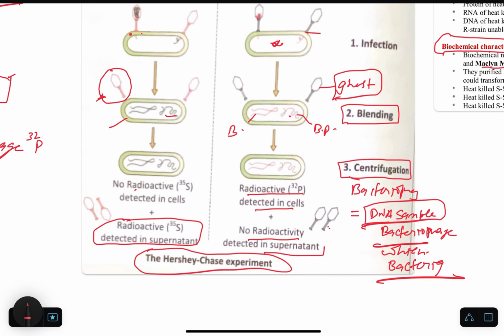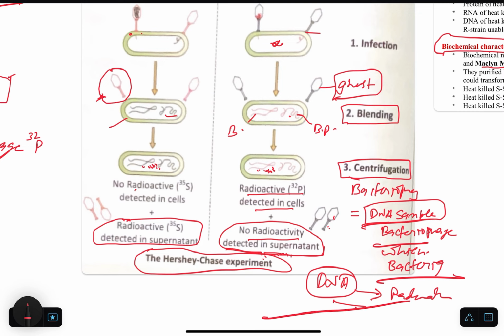From that, they extract the DNA and found that DNA is radioactively labeled, and no radioactivity is detected in the protein part. That is clear. So it means that protein is synthesized inside this cell from the non-radioactive material, and here the protein is synthesized from the radioactive material.